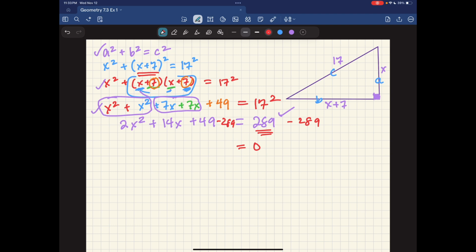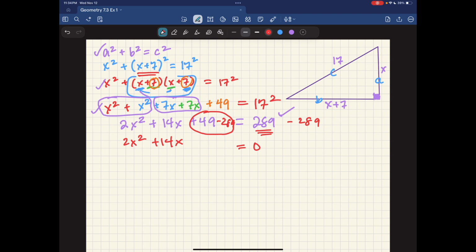And then if you were to start from the beginning of this equation on the left side, you're going to go ahead and have 2x squared plus 14x, and then this total, which is 289 minus 49, because it's different signs, right? If there are different signs, you take the difference, and then you take the sign of the big dog, right?